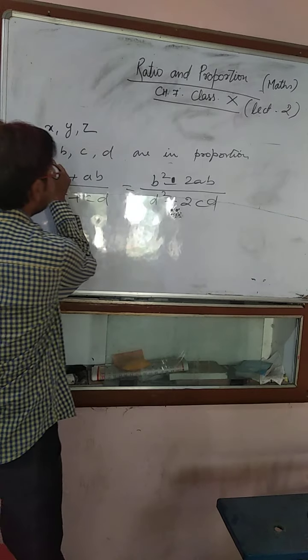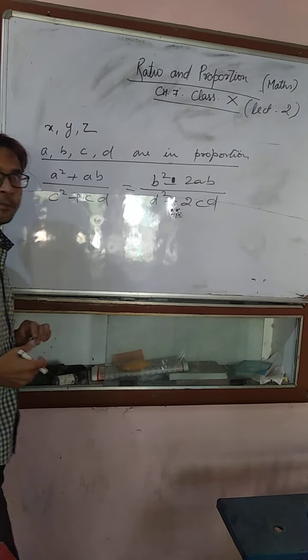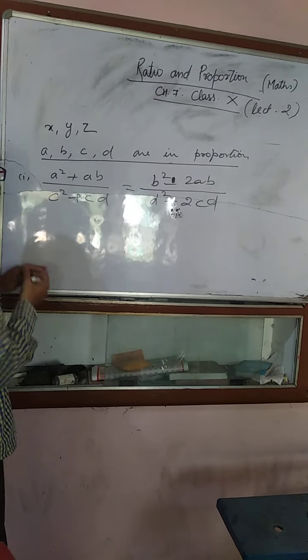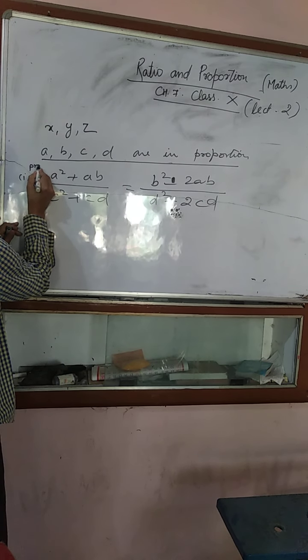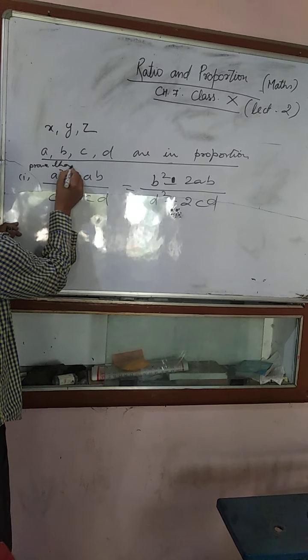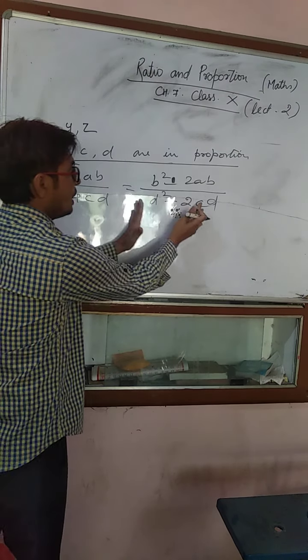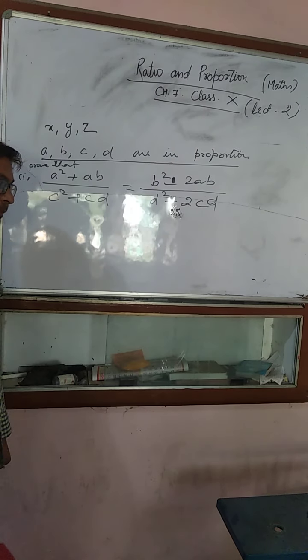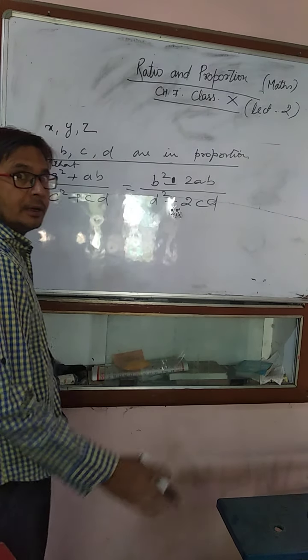Now it is given that a, b, c, d are in proportion. Then prove that these two expressions are equal. Now we have to prove.